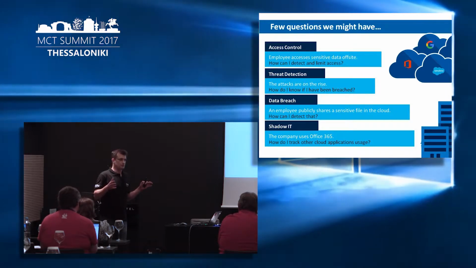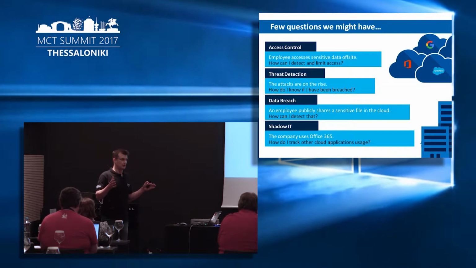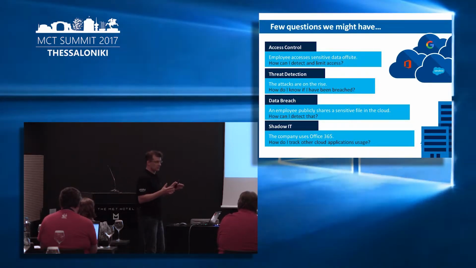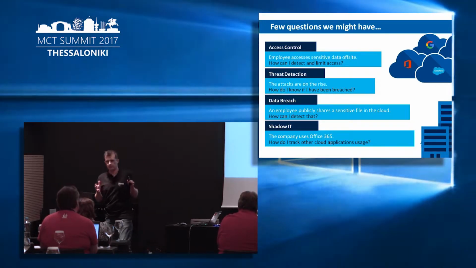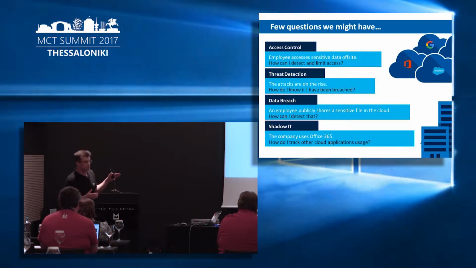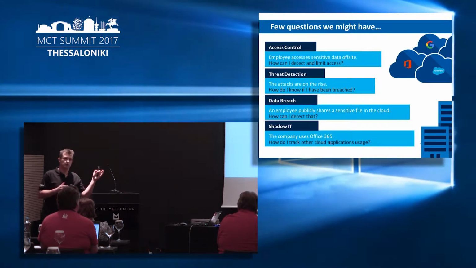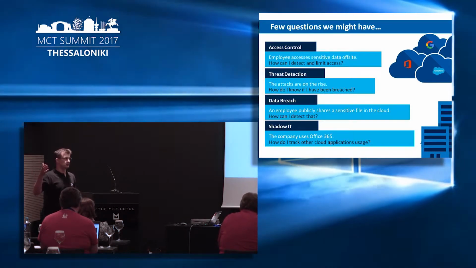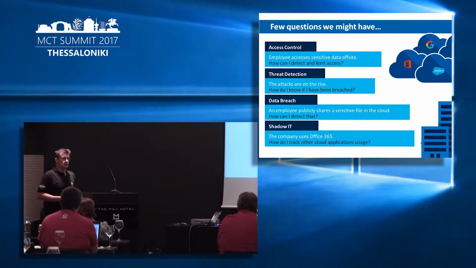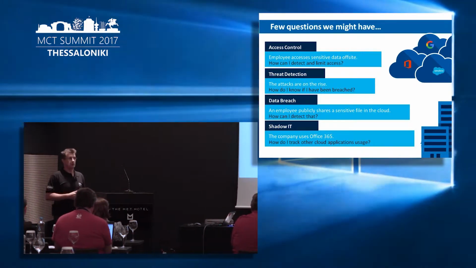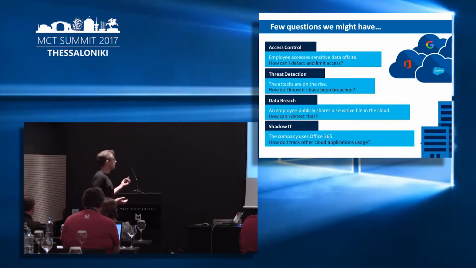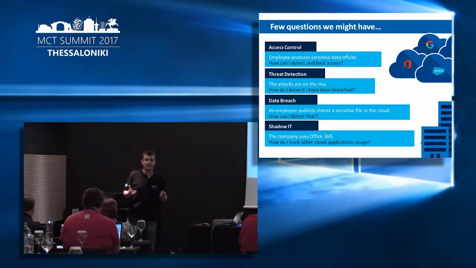Typically, 200 days is the amount of time that passes between when the breach occurs and when the user is aware that the breach has occurred. So you don't want to wait so long to find out that your data was lost. So how can you detect that?